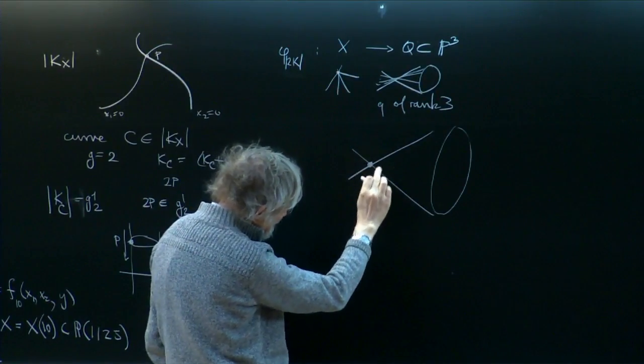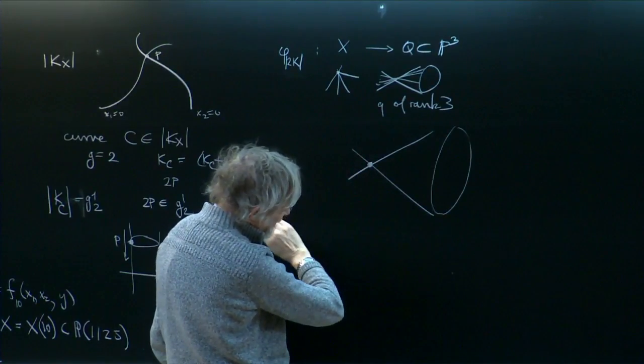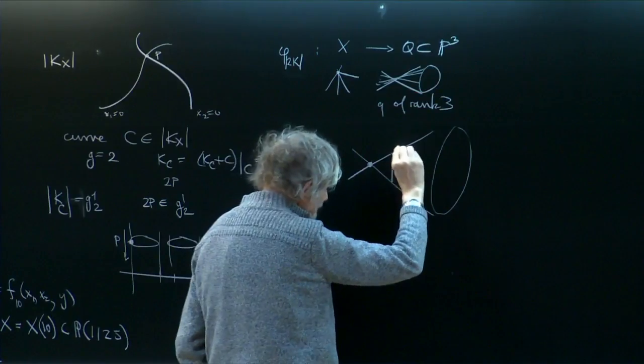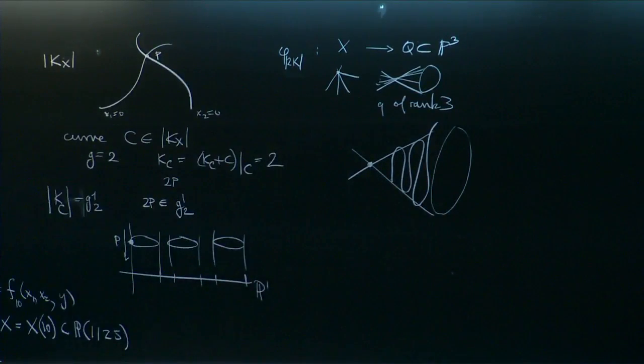In other words, locally it's the double cover of this quotient singularity, and then it's got to be the intersection of the quadric with a hypersurface of degree 5.